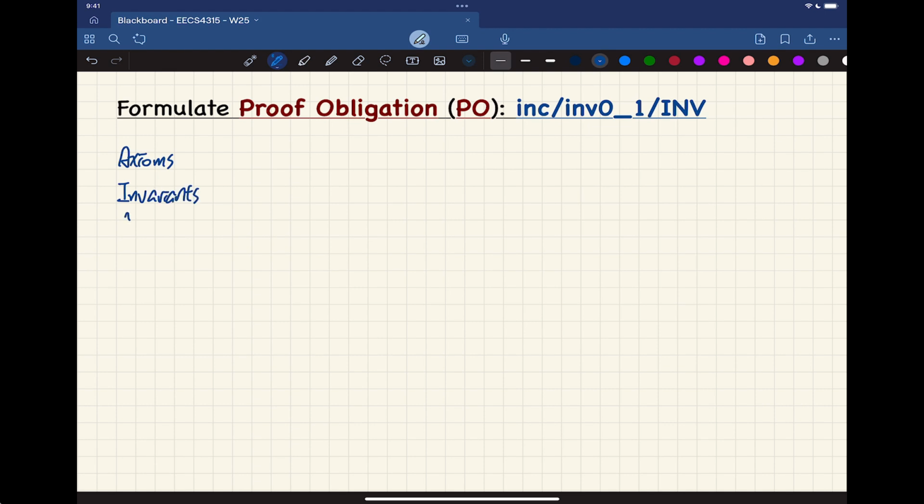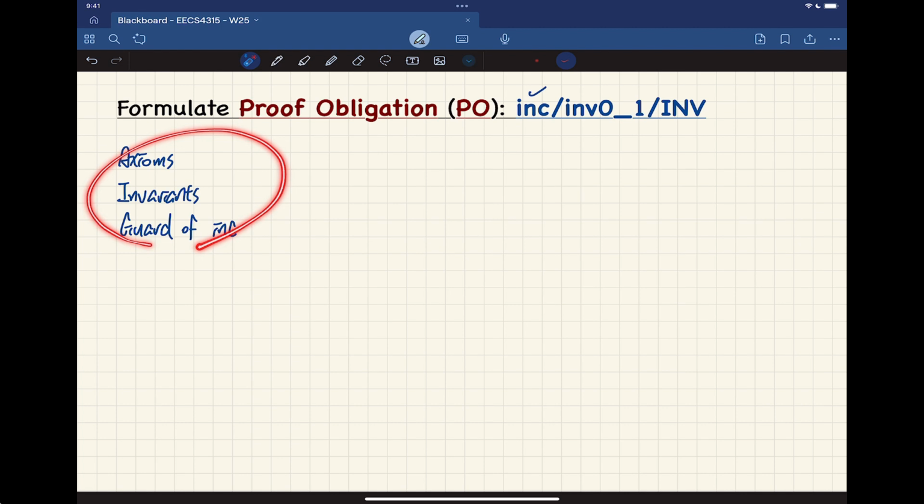And then you have to put the guard of the events. In this case, since we are trying to prove something about the increment events, you should really put a guard of increments. All right? And all these will be the assumption that we can make on the pre-states. So think about all these over here are the assumption.